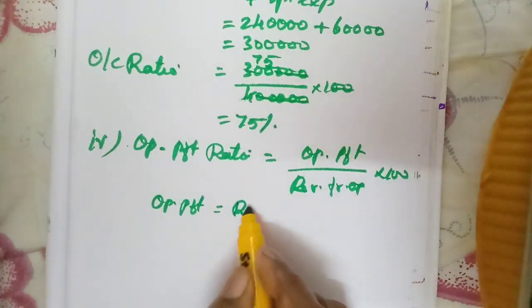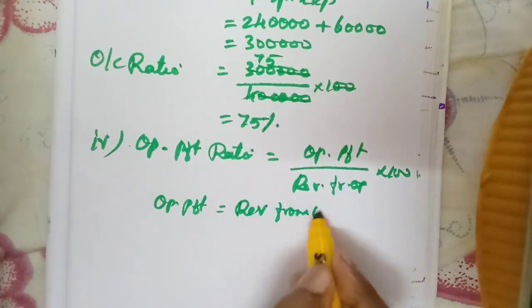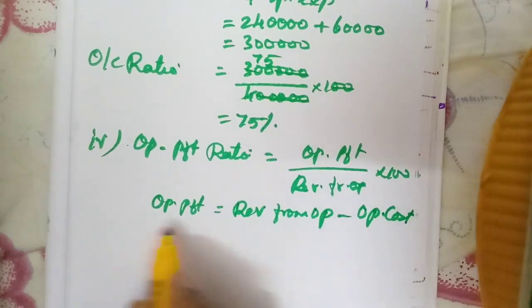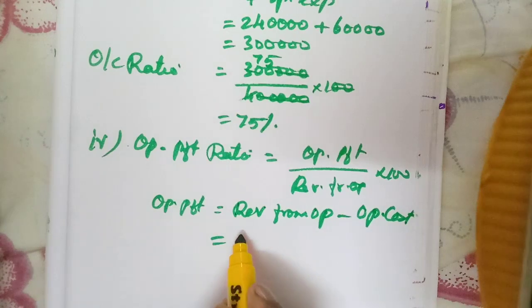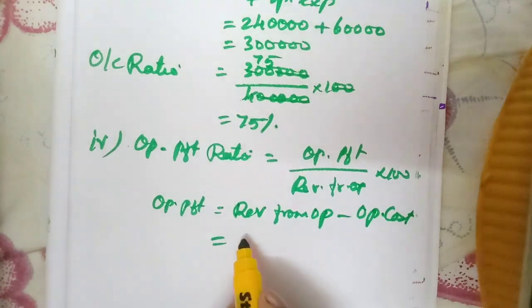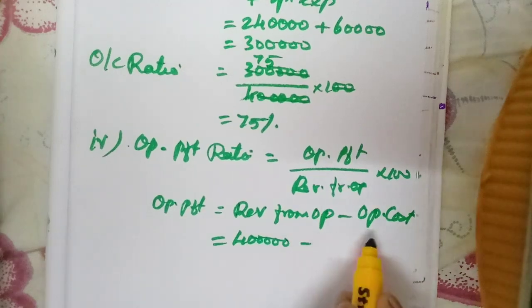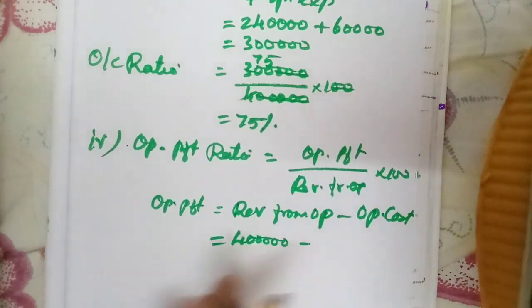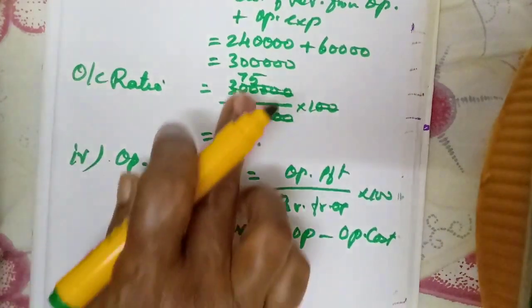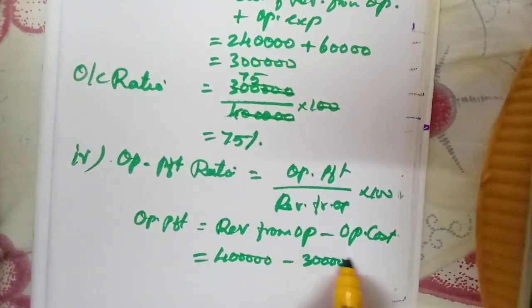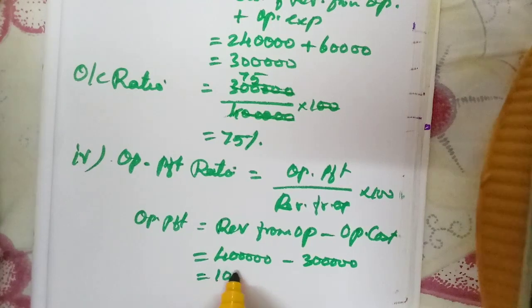Revenue from operation minus operating cost, we will get operating profit. Revenue from operation is 4 lakh. Operating cost we have already calculated, 3 lakh. So 1 lakh.